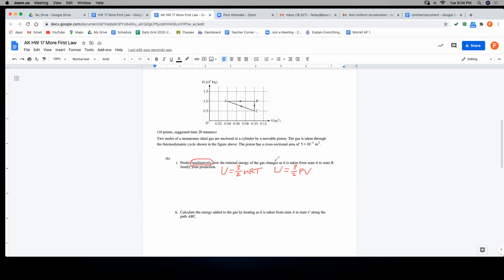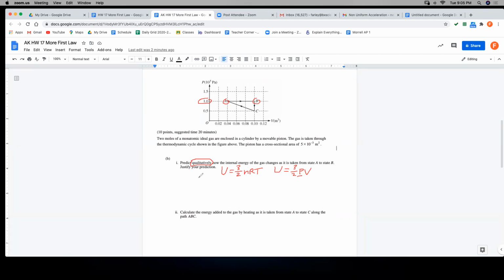But we definitely know that the pressure is staying constant from A to B, but the volume is increasing. In fact, the volume is going from 0.04 to 0.1, so it's increasing by a factor of about 2.5. That means the internal energy will also increase by that same factor. So basically, the internal energy will increase.